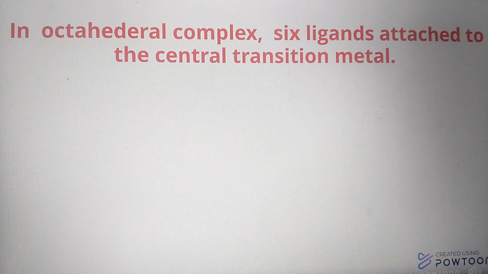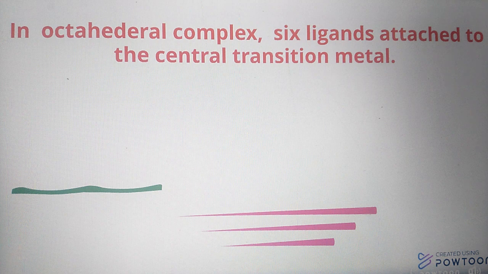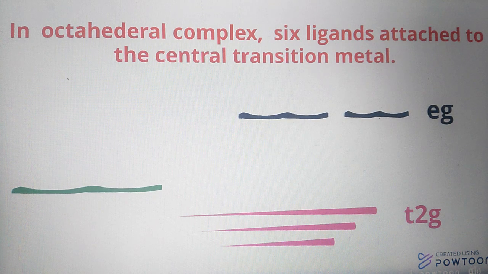In an octahedral complex, six ligands are attached to the central transition metal atom. These are the five degenerate orbitals of the d subshell. This is t2g, which consists of dxy, dyz, dzx. This is eg, which consists of dx square minus y square and dz square. Remember, the energy of t2g is less than the free metal ion and then eg.